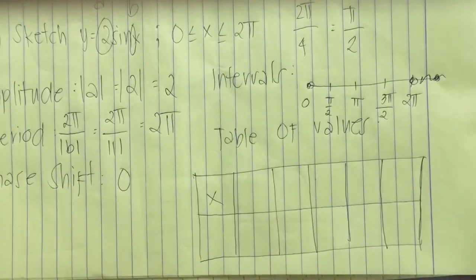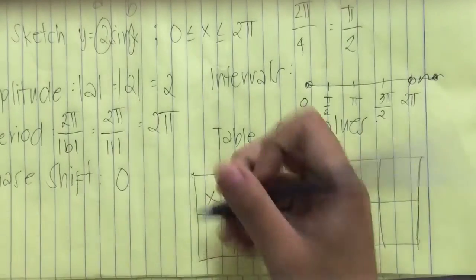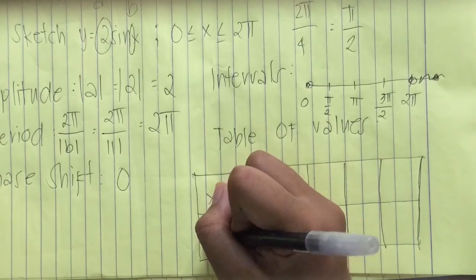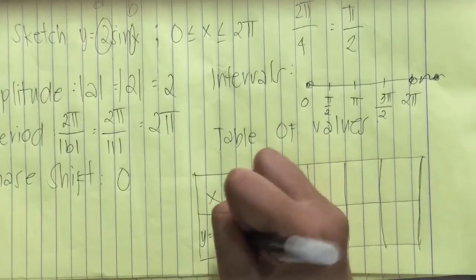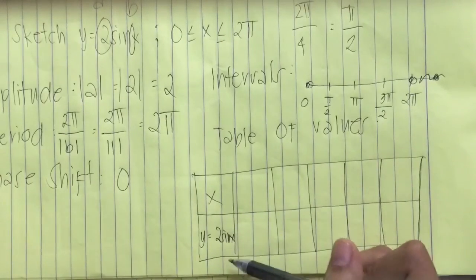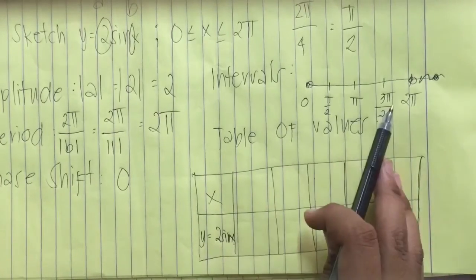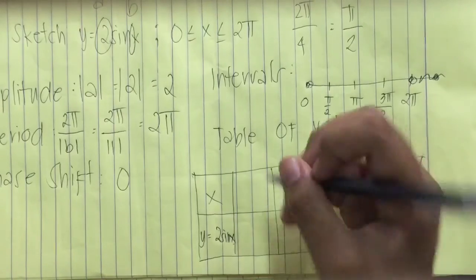Next, for the table of values, we need to get the original problem, which is y is equal to 2 sine x. All we have to do is substitute x with our values in the interval.